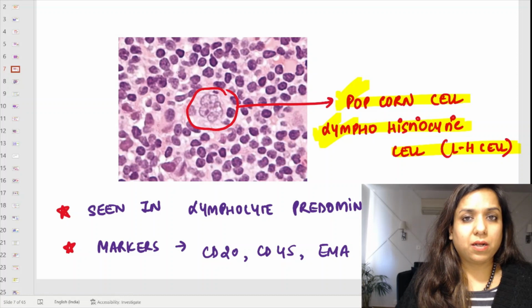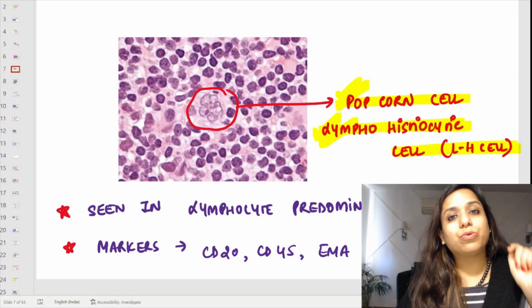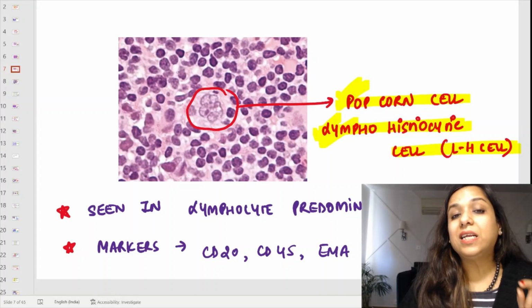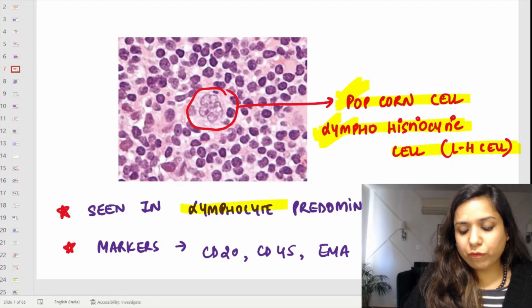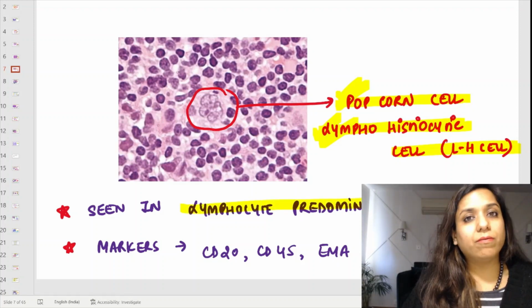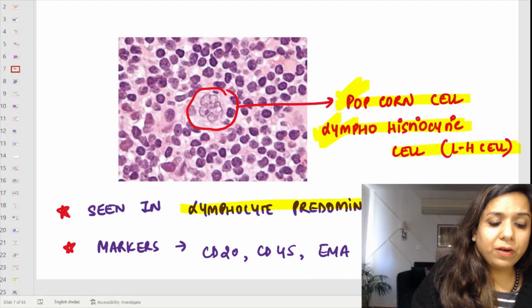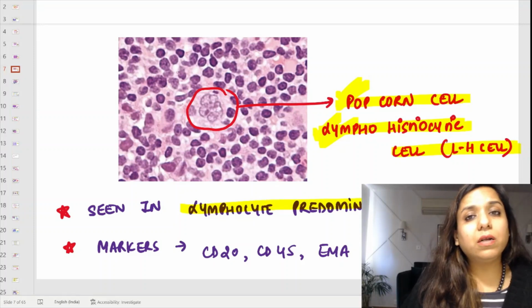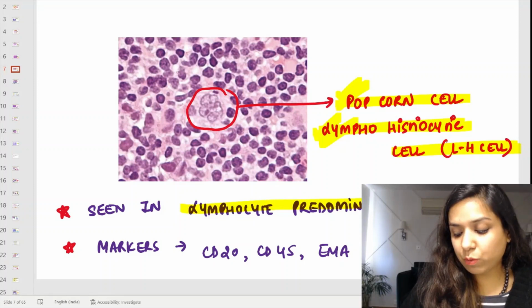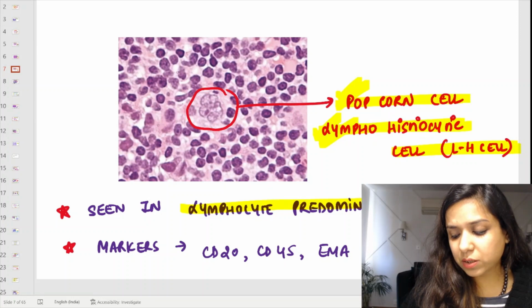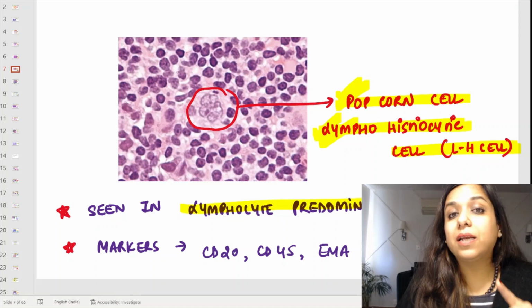lymphohistiocytic Reed-Sternberg cell. Now, two important points to take home here are it is seen in nodular lymphocyte predominant Hodgkin's lymphoma. And for everybody, this nodular lymphocyte predominant Hodgkin's lymphoma is a non-classical Hodgkin's lymphoma. That is why, students, it is CD15 and CD30 negative.